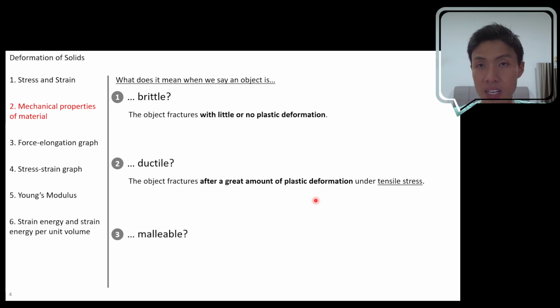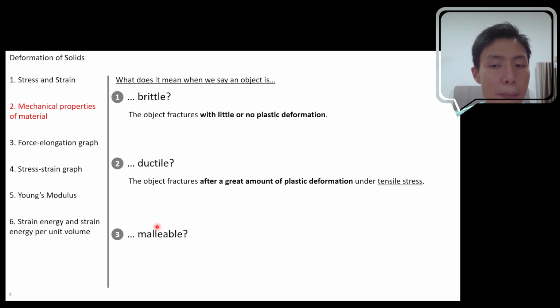You let go, and it's a permanent stretch already. You continue to stretch, add more permanent deformation, continue to stretch, and only then will it break. With brittle, it won't even get into permanent deformation before it breaks. But for ductile, there's quite a great amount of permanent deformation before you fracture. That's the idea of a ductile object.